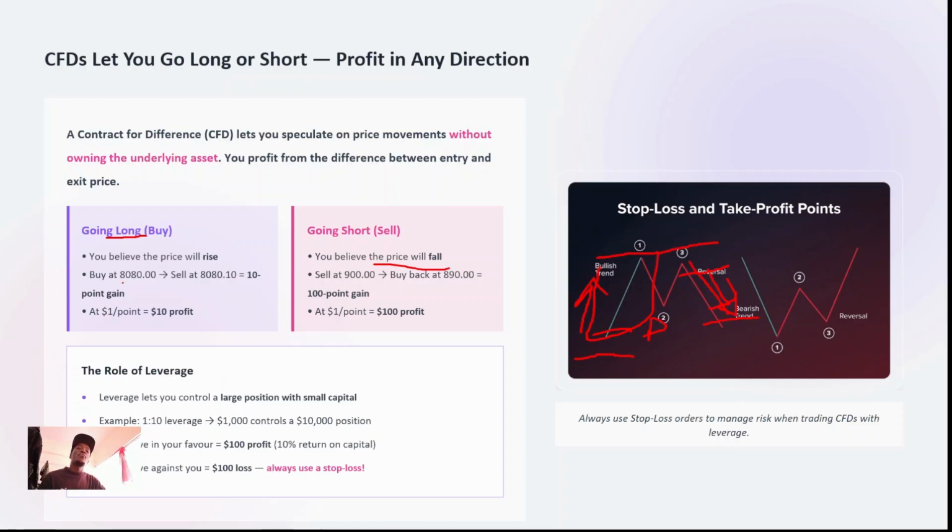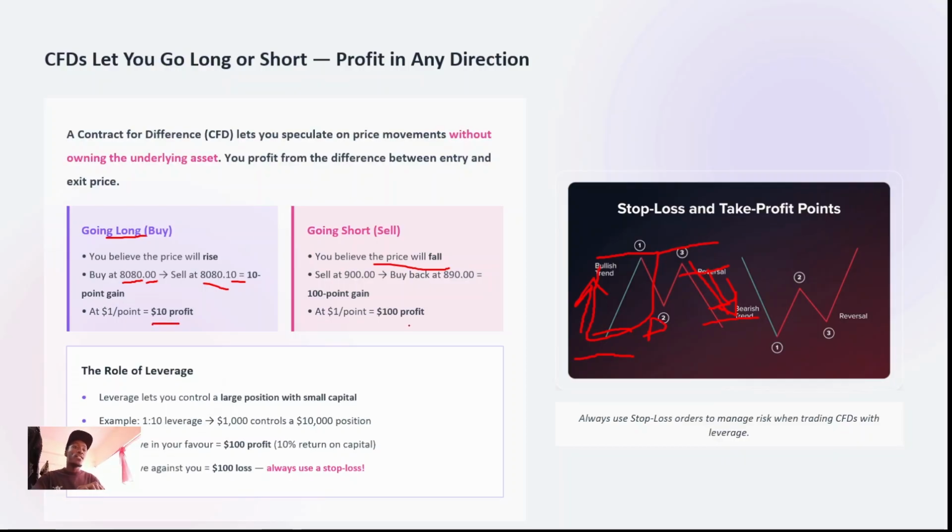As you can see from this point, you have an example. Let's say for example you buy at 880 and then you sell at 890. That's 10 points, from 0 to 10, so that's a 10 points gain. One point is equal to $1. So 1 times 10 points is going to be equal to $10 in profit.